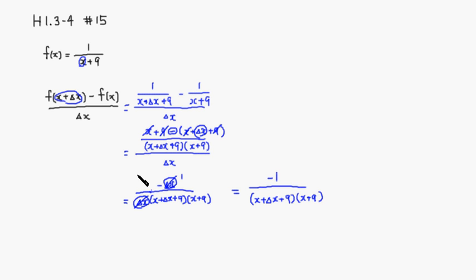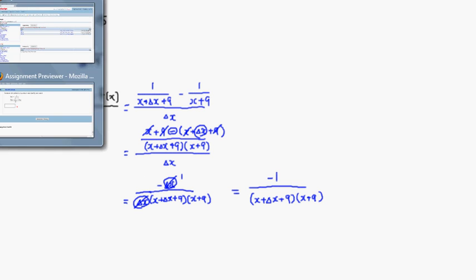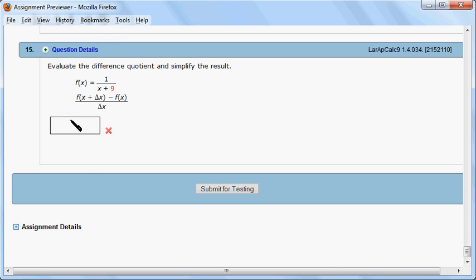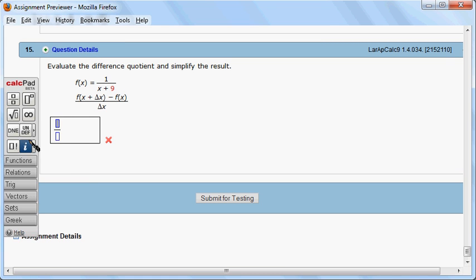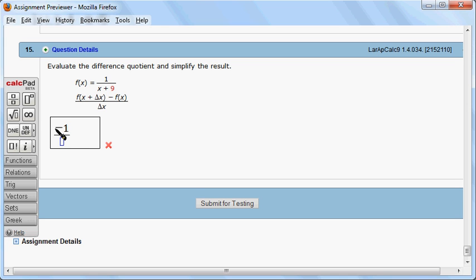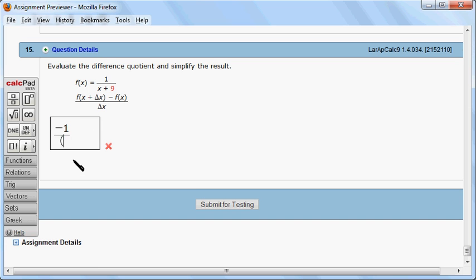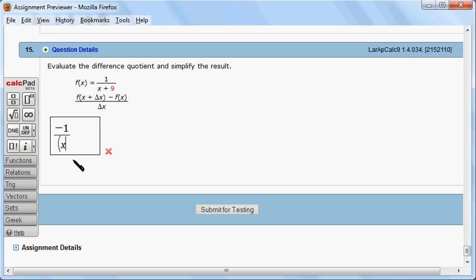Let's go back and type it in, and see if I get that correctly. Let's open that up. This is going to be a fraction. Here I'm going to put negative 1, and then on the bottom, a quantity x plus delta x.